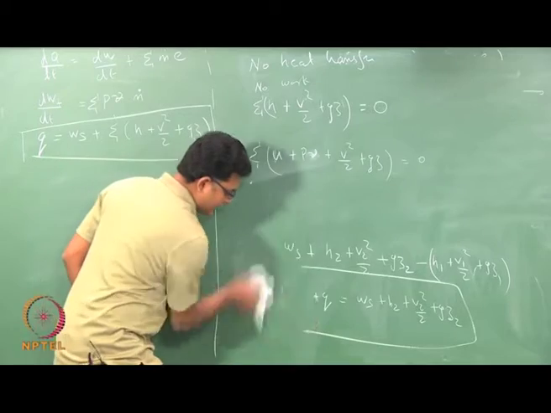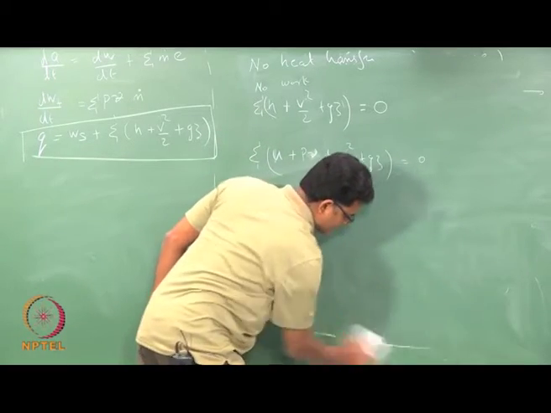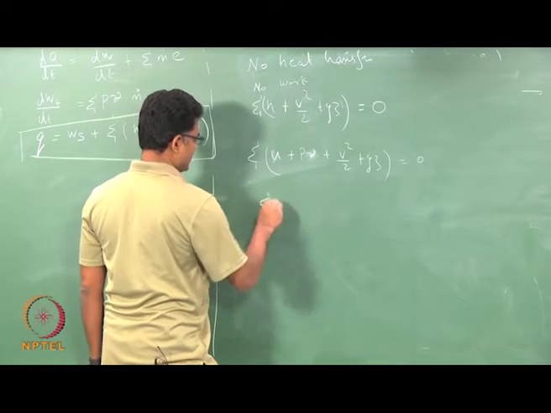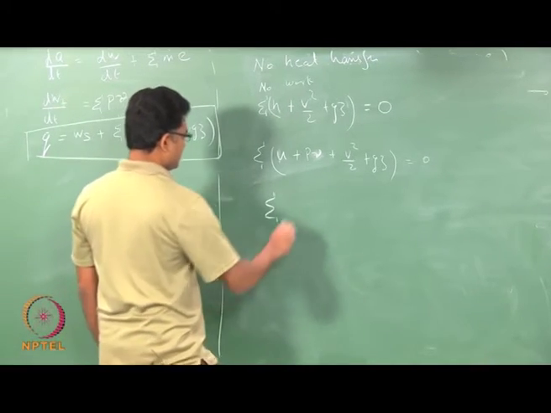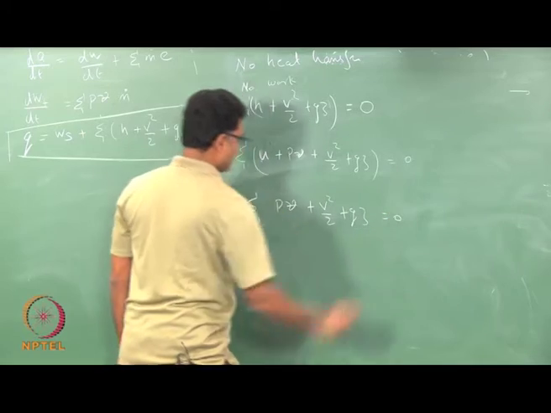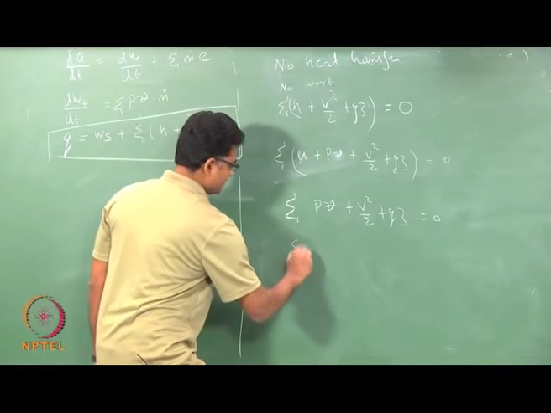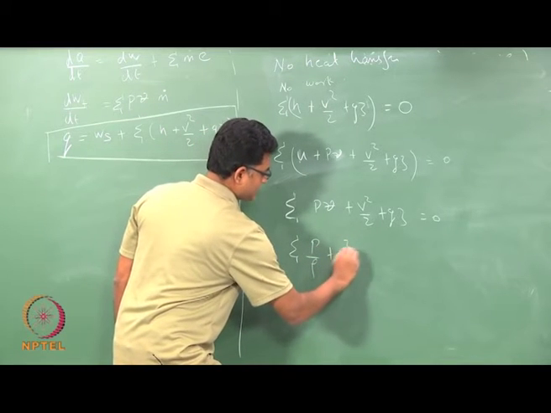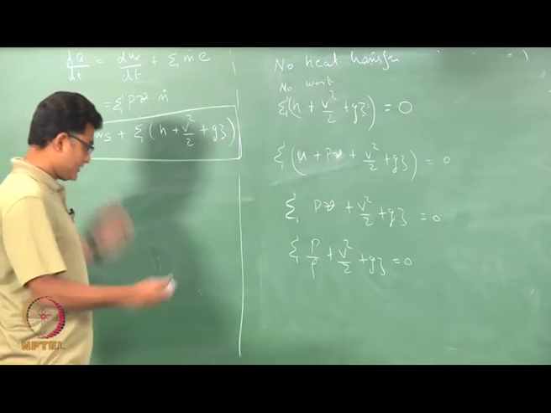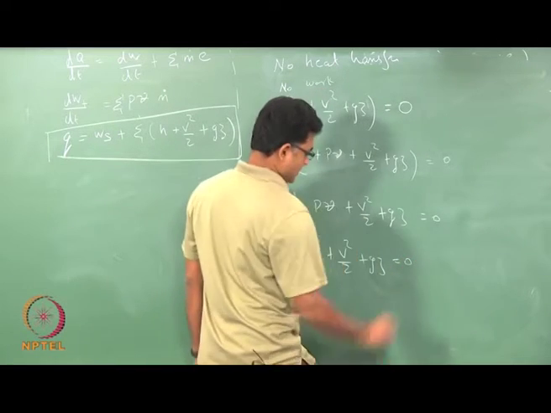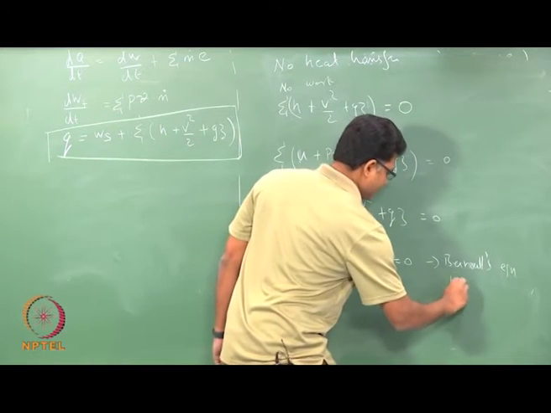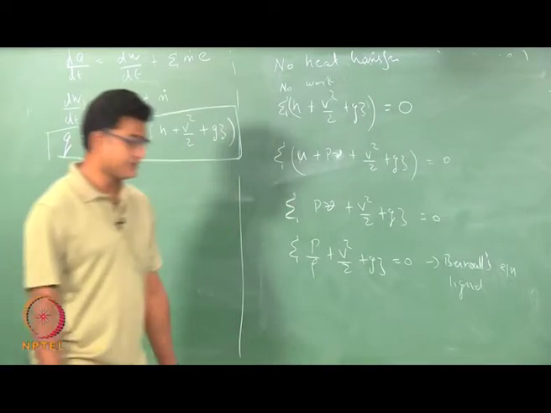Now, if I consider there is no change in internal energy, as in the case of a liquid flow, I can write P by rho plus V square by 2 plus g Z equals 0, which is your Bernoulli's equation for liquids, or when there is no internal energy change.